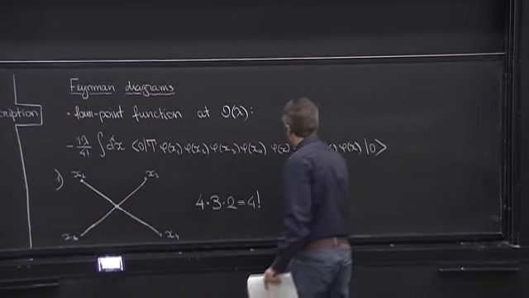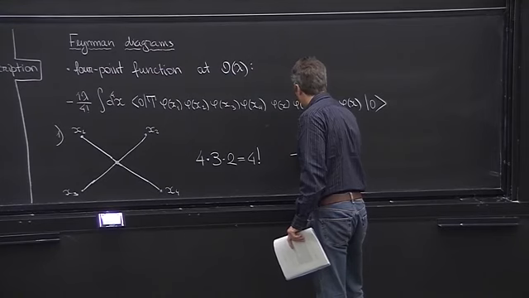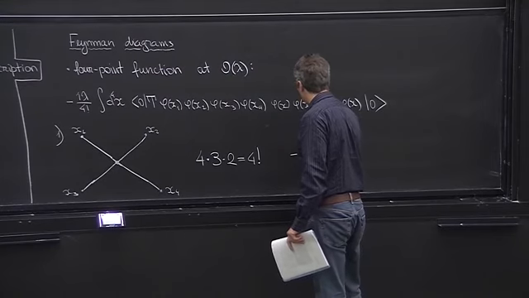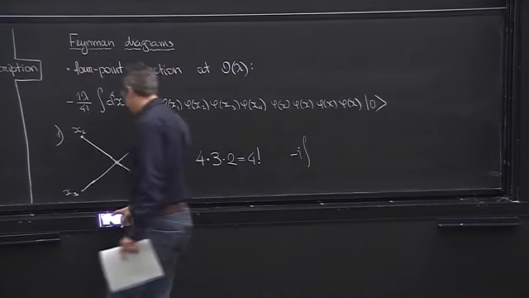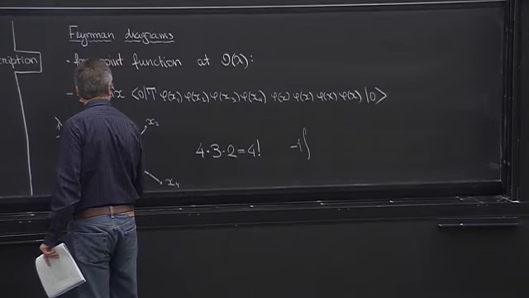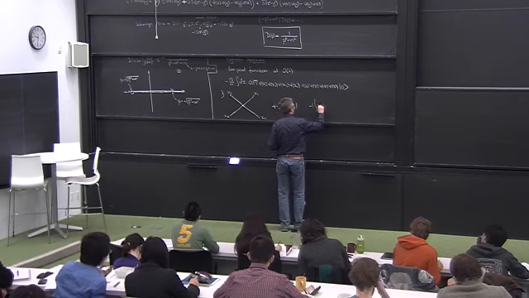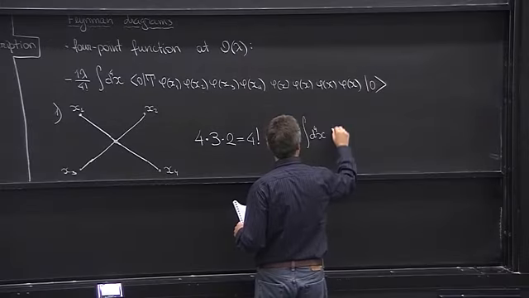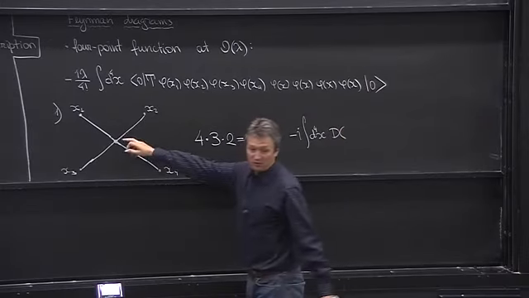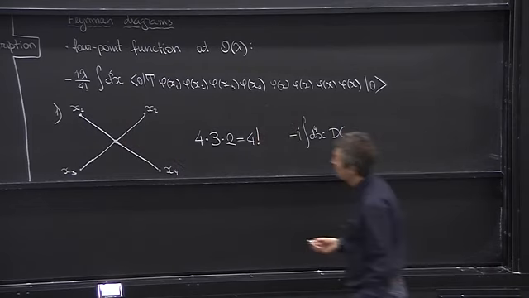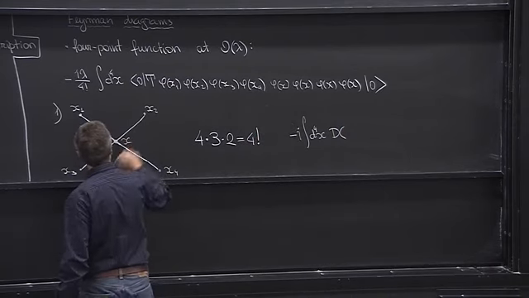So this term gives what? It gives minus lambda, integral d^4x. And then we can read it out from the picture. Here is the interaction point.